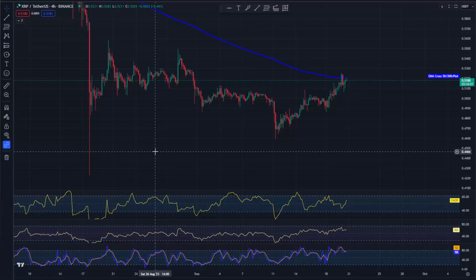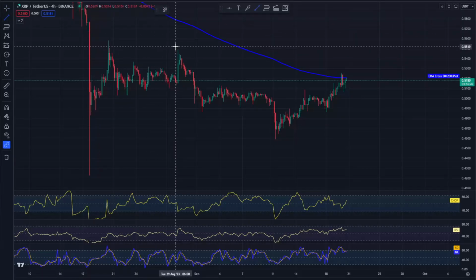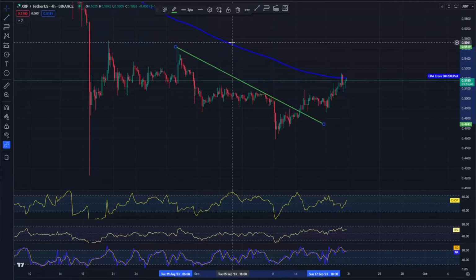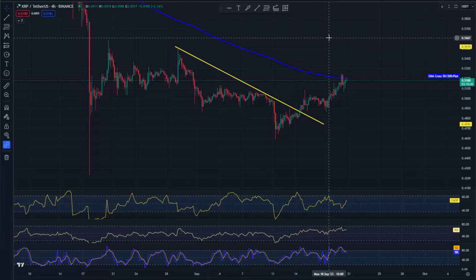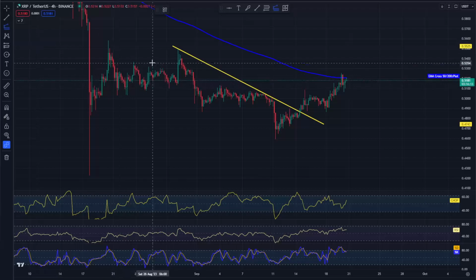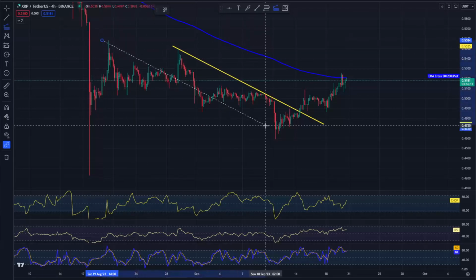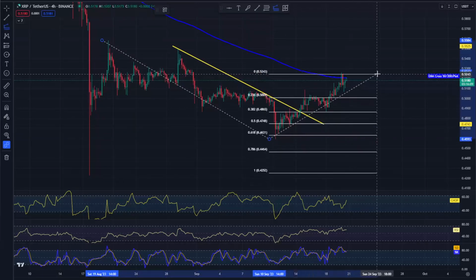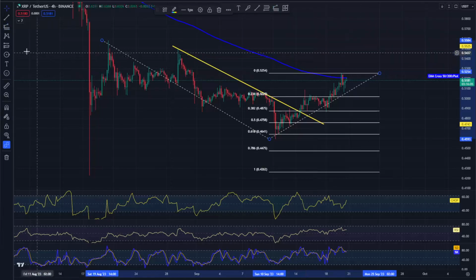Last in today's ranking is the chart of XRP in pair with USDT, taking into account the 4-hour time frame. First, we will use the yellow line to mark the local downward trend line that the price has crossed above. Moving forward, we can move on to marking support areas when the price starts a correction.